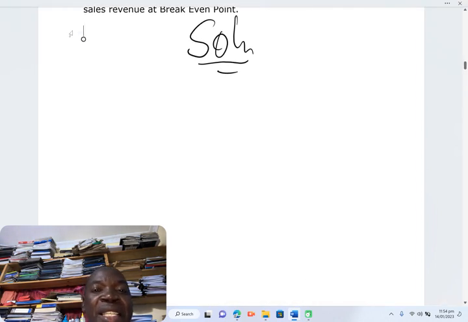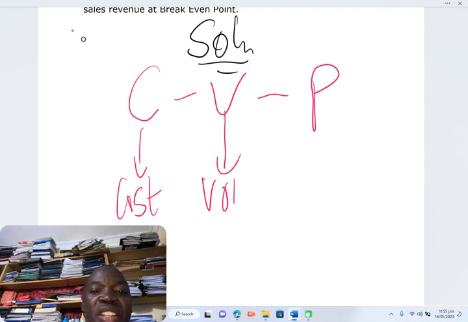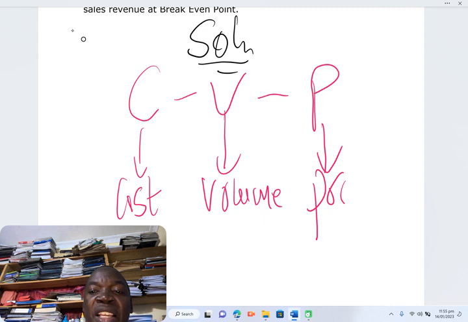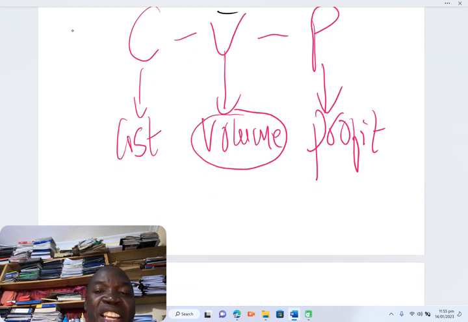Now, what is a CVP? C, V, and P. This is cost, this is volume, and this is profit. The term volume means the quantity, number of units.